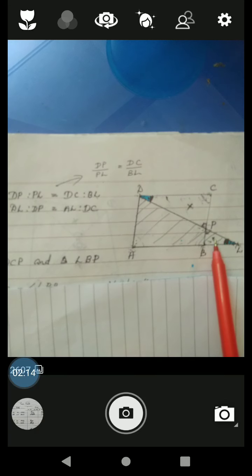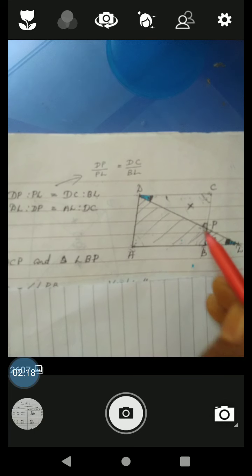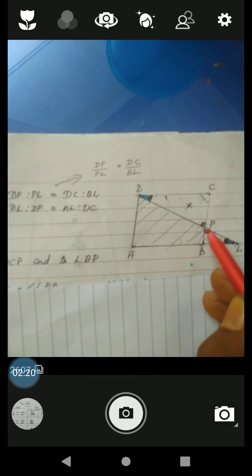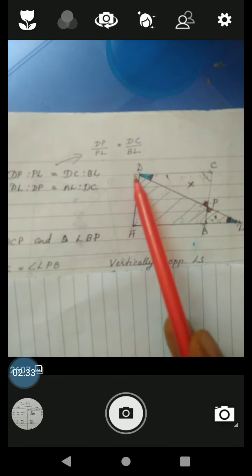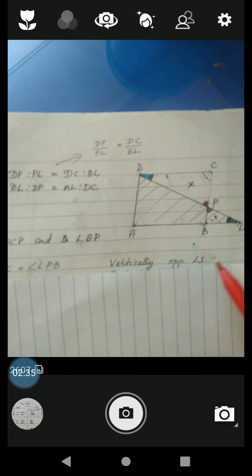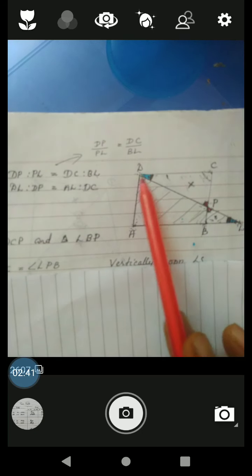How? Look here. In these two triangles, you can see these two angles are vertically opposite angles, and vertically opposite angles are equal. So we get one statement. Since ABCD is a parallelogram, that is given, the property of a parallelogram is that opposite sides are parallel.